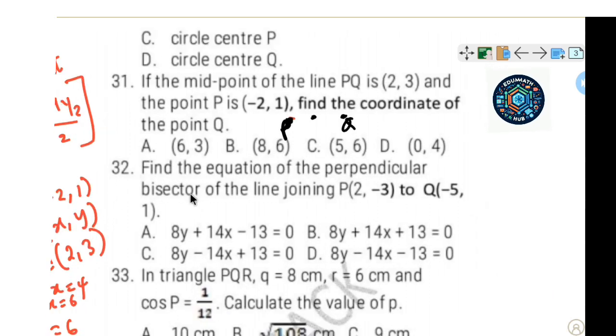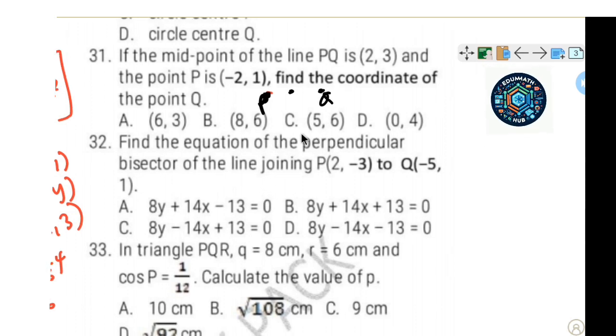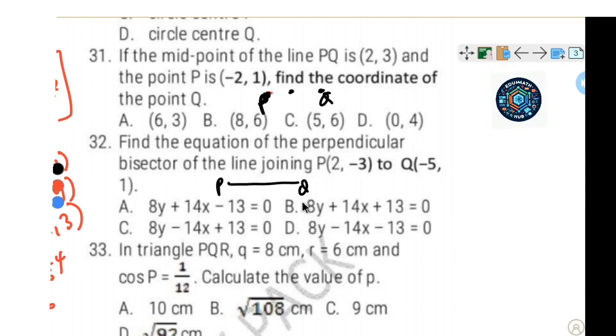Now number 32 is you have the equation of the perpendicular bisector of the line joining P, 2, minus 3 to Q, minus 5, 1. So you have two lines, PQ.